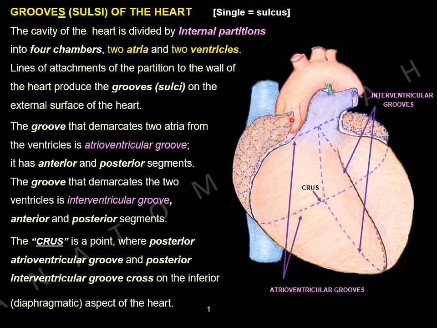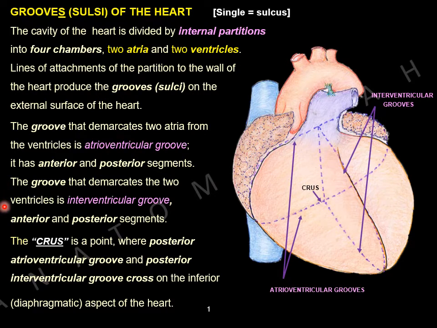Here, two atria are presented. Two ventricles are here. The groove which demarcates between the two atria and two ventricles is the atrioventricular groove. This is the anterior segment of the atrioventricular groove, and this is the posterior segment. The groove that demarcates the two ventricles is the interventricular groove.